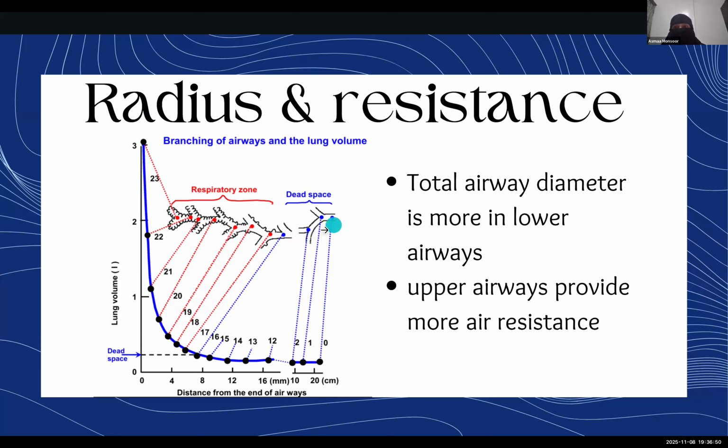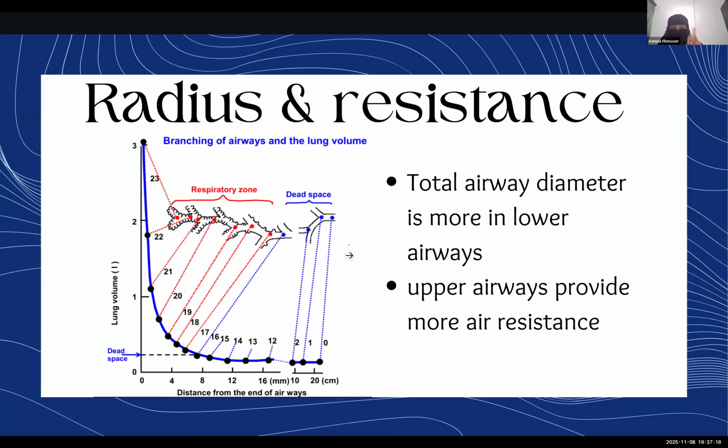However, the volume of air in the respiratory zone is 1,000 times or so huge compared to the volume of air present in the bronchi. Did you guys get this about the volume? The volume of air is more in the respiratory zone compared to the dead space zone.